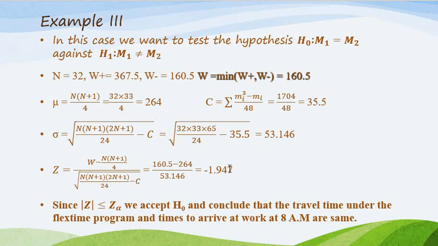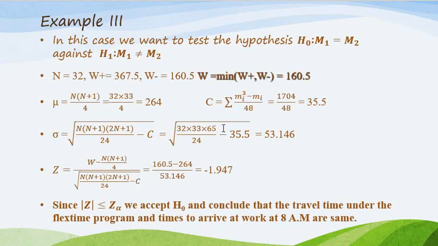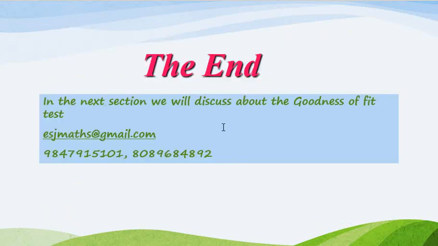The tabled value is 1.96, as it is a two-sided hypothesis. So we accept H naught and conclude that the arrival time under flexi time and the normal time are the same. So there is no need to implement the new policy. Thank you.